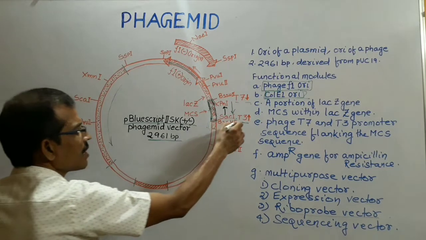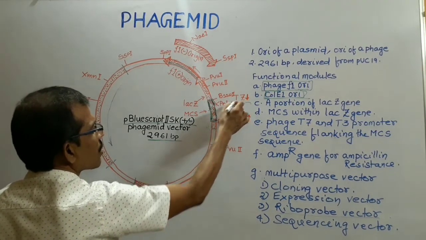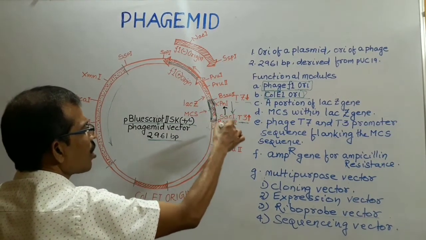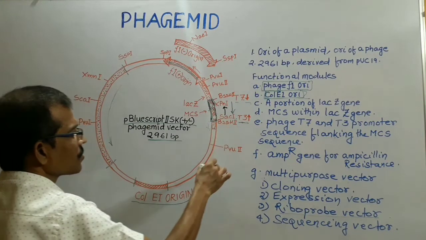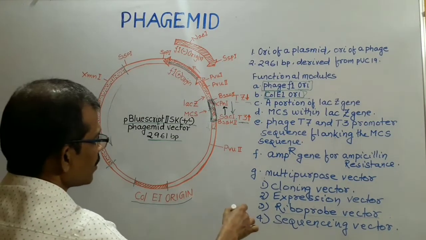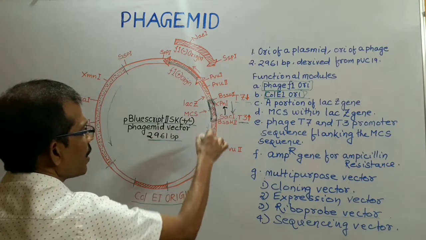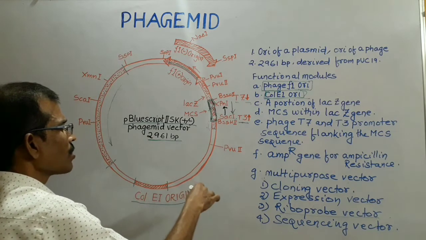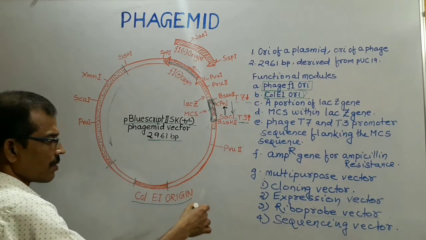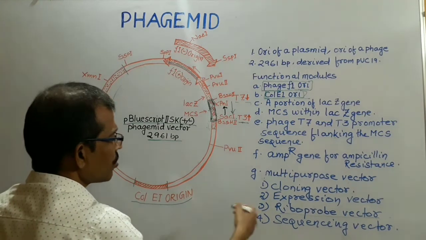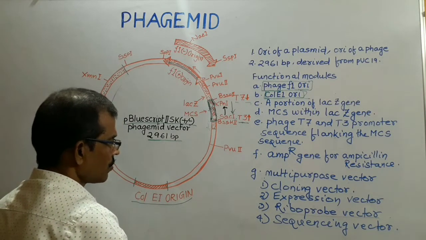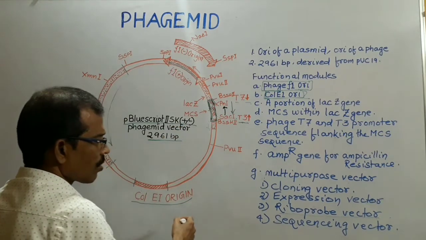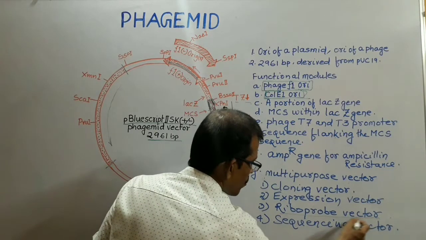So by using the T3 promoter and T7 promoter, which are flanking the MCS sequence, RNA copies of either strand of the DNA insert can be generated. These RNA copies can be labeled with radioactivity or with a non-radioactive label. Such RNA copies can be used as riboprobe. So this pBluescript SK plus and minus is also used as a riboprobe vector.